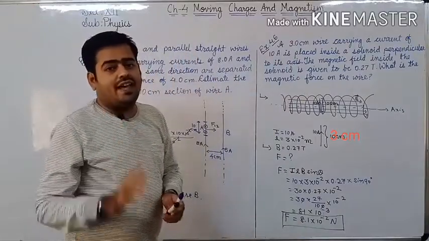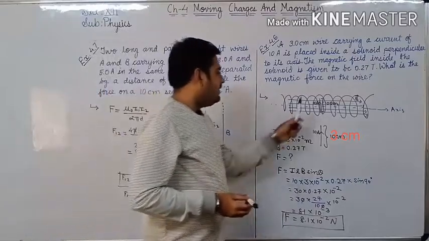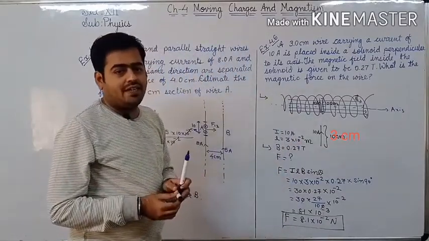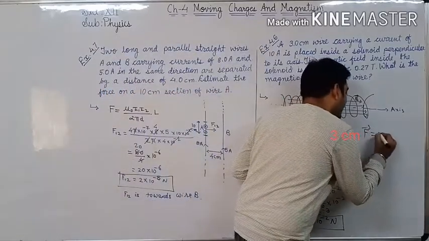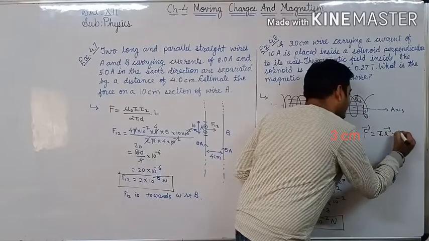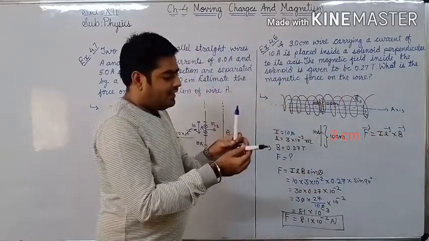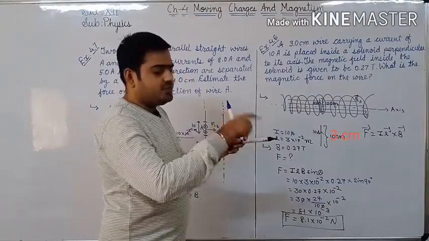Now if you want the direction of magnetic force, then using right hand thumb rule, you can find the direction of magnetic force. F vector is equal to I L vector cross B vector. L vector, that is in upper direction, B vector, that is in this direction. So just you have to rotate first towards second.